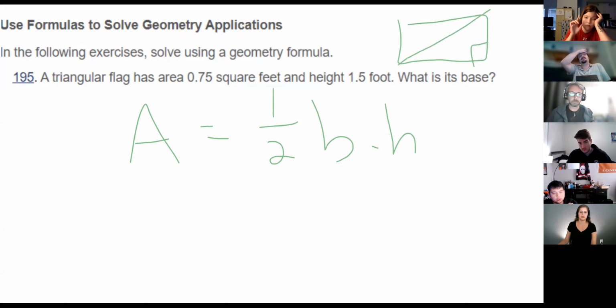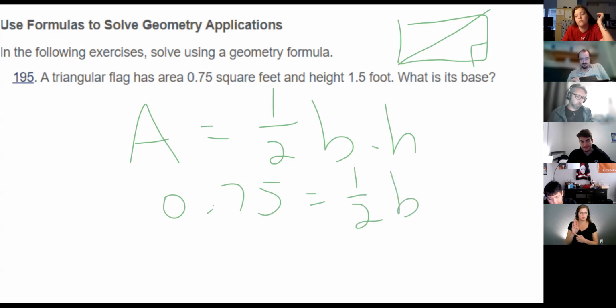Okay, so I did the 0.75 and then half times the B, so I substituted that in. And my B is B, right? Is what we said. And you substituted in your height.